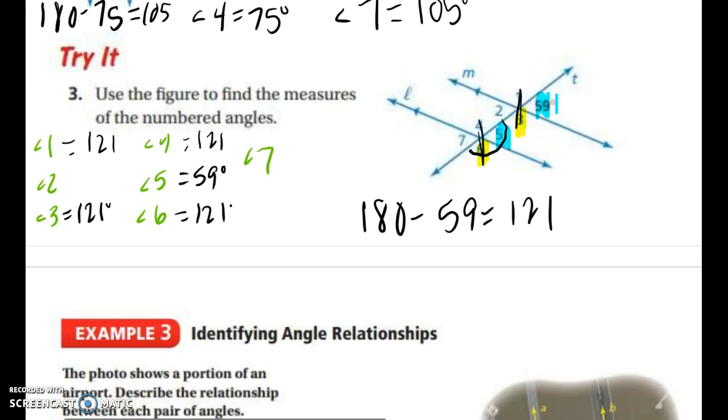Now 5 and 7 are corresponding, so those are equal. And 7 corresponds with 2, which means that that is also a 59 degree angle. So again, by just knowing one angle measurement, we're able to find the rest of them on that figure.